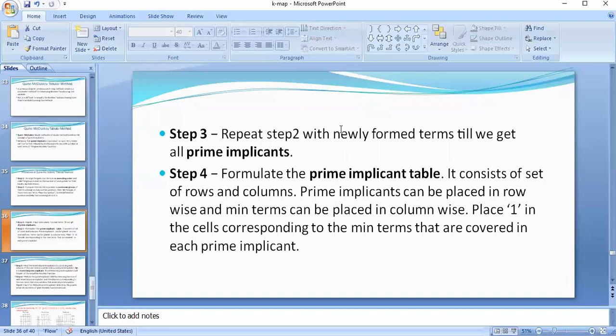Rows represent the prime implicants, and columns represent the minterms. In their corresponding minterm cells, you have to put a cross mark.